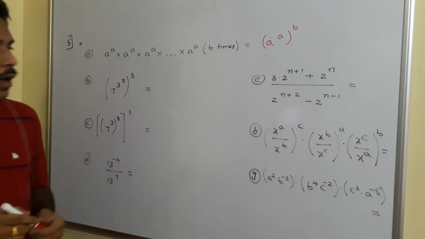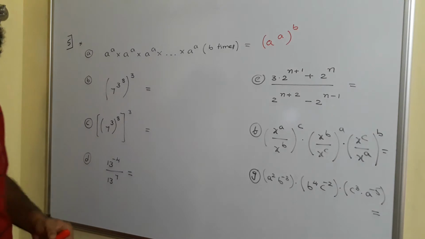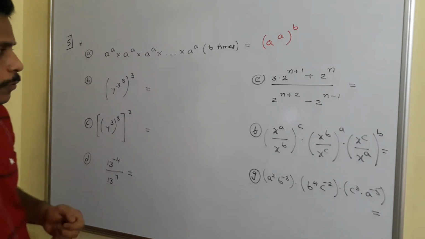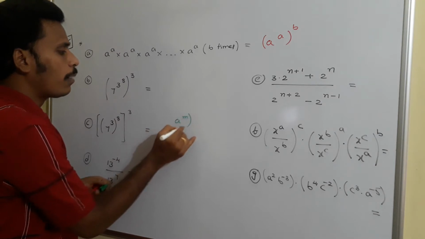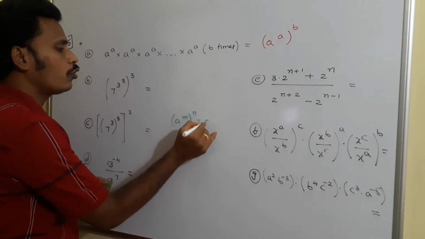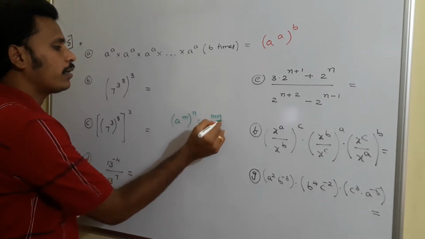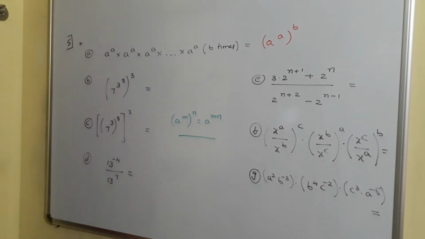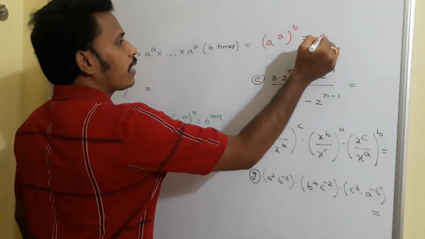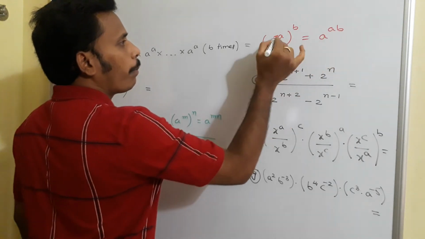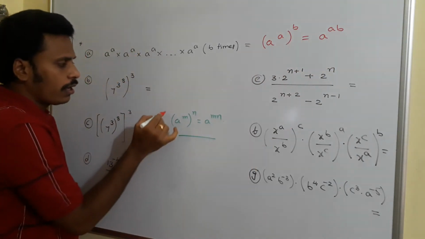According to the law of exponents, a power m to the power n is equal to a power mn. Is it right? Power of the power. With that law, a power a to the power b can be written as a power ab, the product of these two.